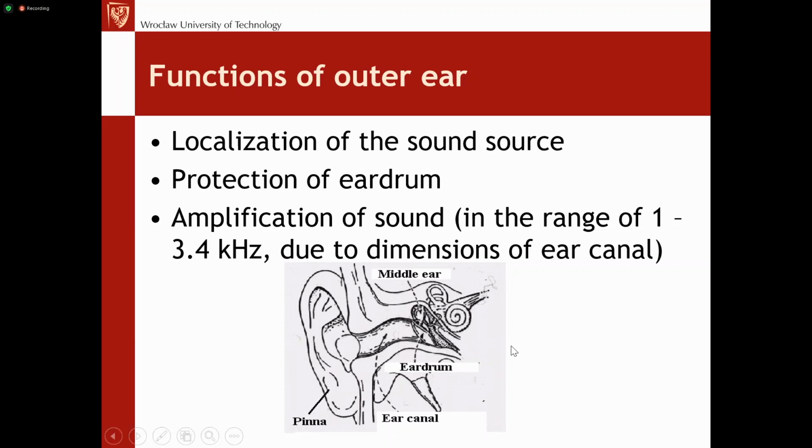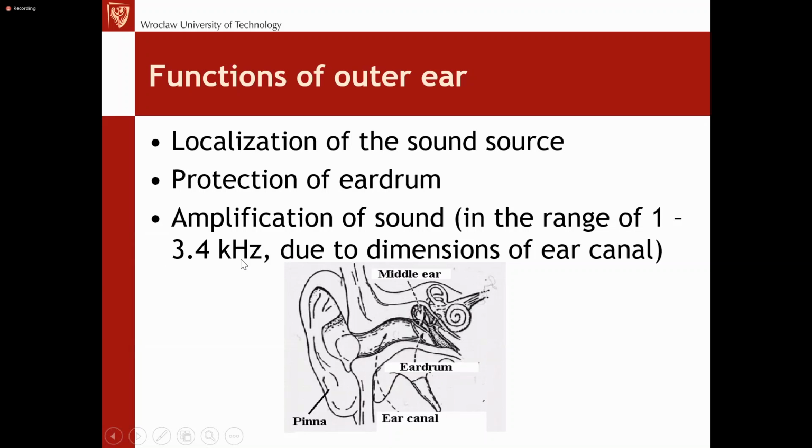So the ear canal looks like some kind of organ pipe, or a very little organ pipe. So it has some resonance, and this resonance occurs in this range of frequency. I mean, approximately from 1 kilohertz to 3.5 or 4 kilohertz.